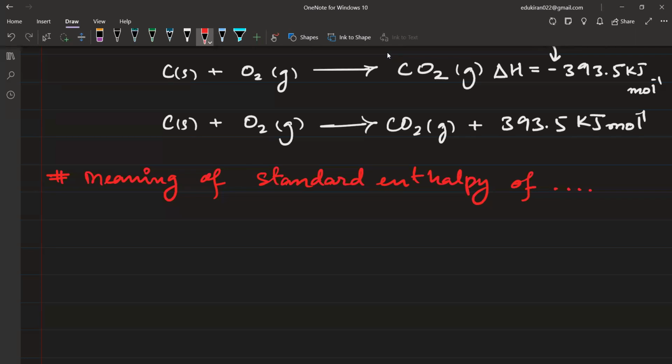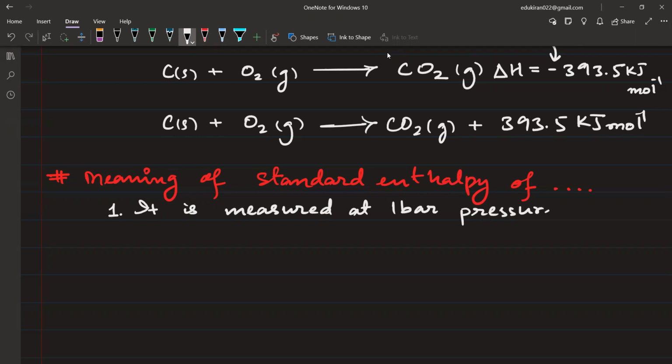Please write. First of all, it is measured at 1 bar pressure. That also obviously means, since it is enthalpy, that the pressure is constant. And if the pressure is constant, what is the pressure? It is 1 bar pressure. The second point is more important. Temperature can be anything.